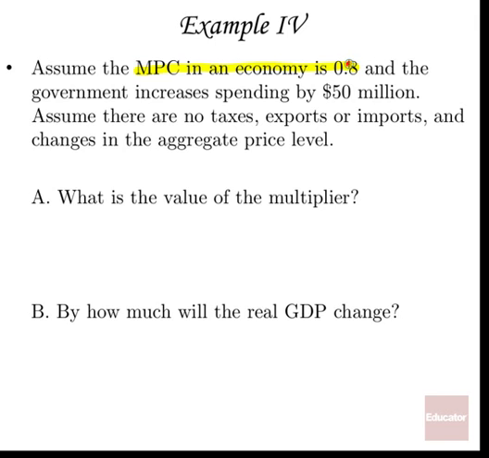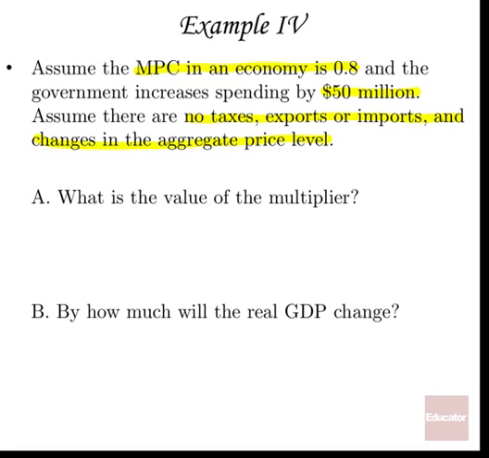So the economy is spending 80% of their money, and the government increases spending by $50 million, which is definitely something that is going to help the economy from a stimulus standpoint. Assume that there are no taxes, exports or imports, and changes in the aggregate price level. So everything else is constant. The only thing that's changed is that there's an influx of $50 million into the economy.